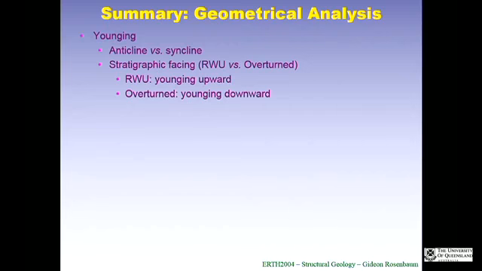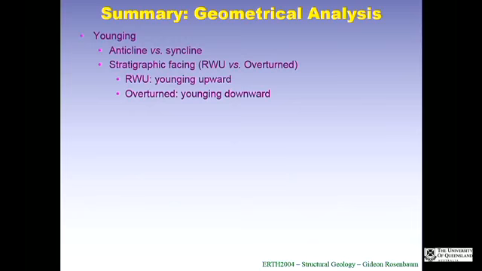Okay, so let's move to a number of summary diagrams, just first of all on geometrical analysis and then in general on the major concepts that we learned in the course.